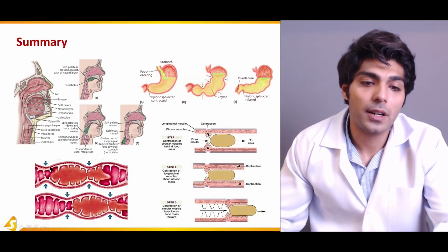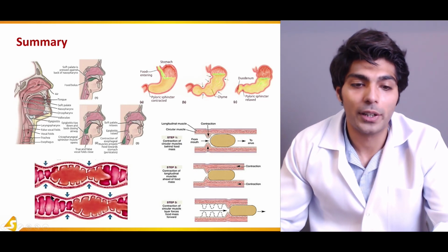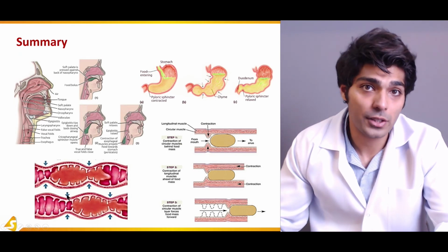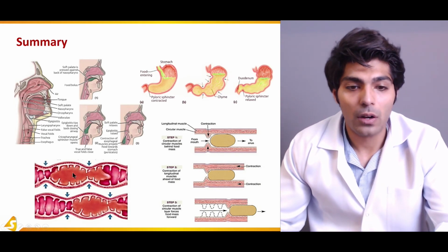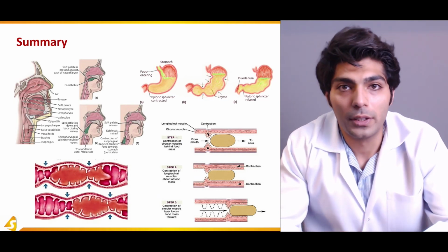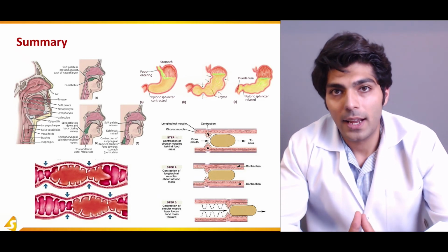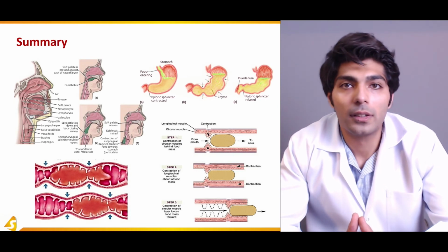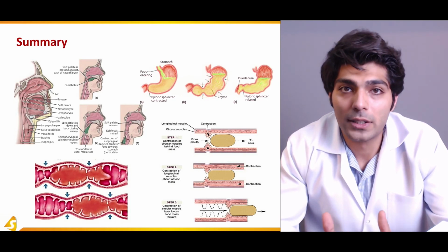The previous contractions are now the relaxation points in the next segmentation contractions. For example, we discussed that the previous contractional point in the small intestine becomes a relaxation point, and the relaxation point becomes the contractional point in the next segmentation contractions. So that's how the fecal matter is pushed towards the colon or the large intestine. Once it enters the colon, it has to pass through the ascending colon, the transverse colon, and then into the sigmoid colon with the help of peristaltic waves.